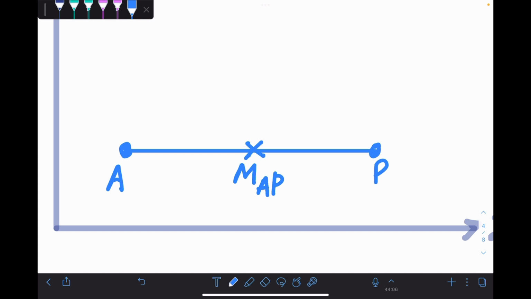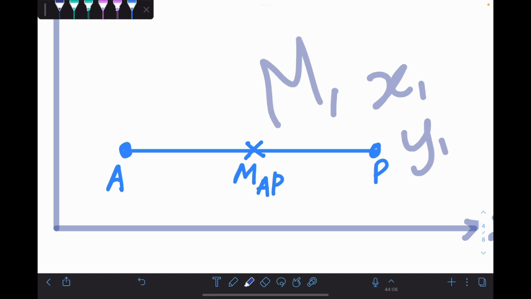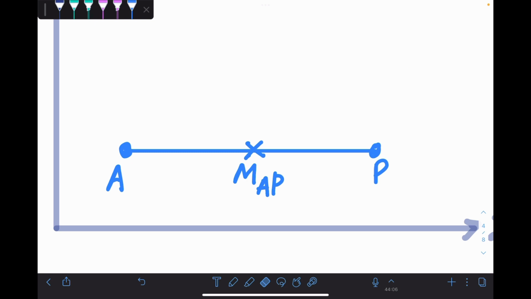Notice that this part is a subscript, the little baby one, just like we have with our x1 and y1. It's not as obvious in this drawing, but that's okay, now you know.